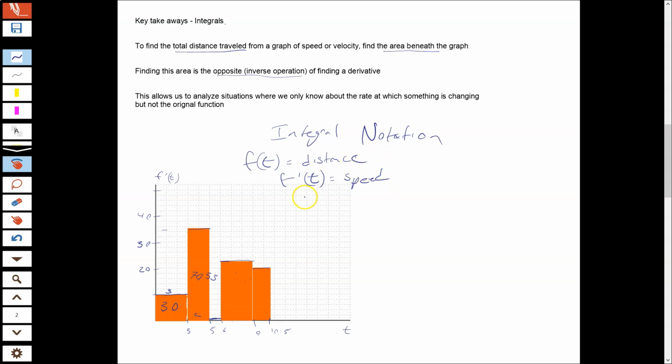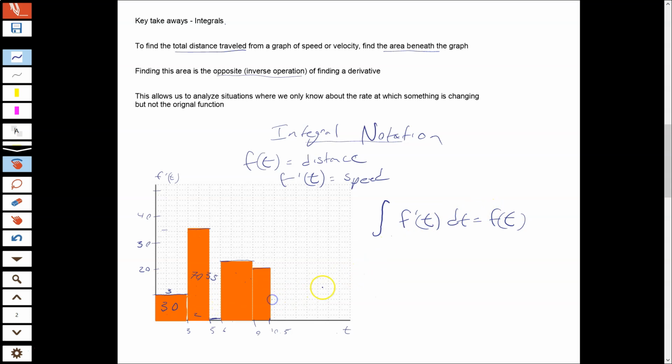Now, what we would say here to write this down, integral notation, this is brand new. Draw this kind of tall, skinny S guy. This is the integral sign. And we'd say the integral of f prime of t dt equals f of t. So this is called an indefinite integral because it's just talking about the general function.